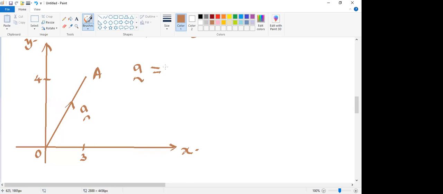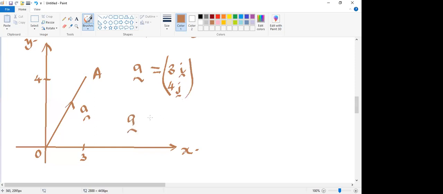It is 3I, then downwards, 4J. So you want me to write 4J there? Thank you. Any other attempt?